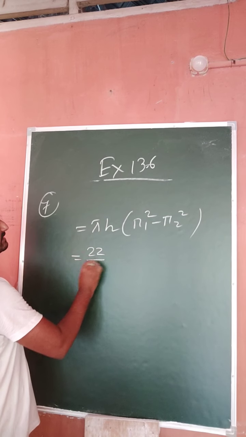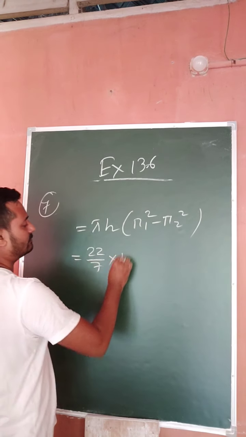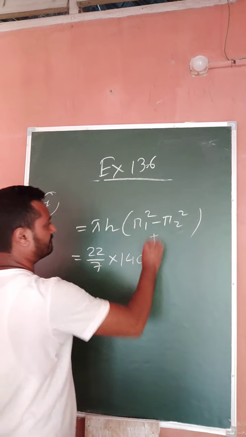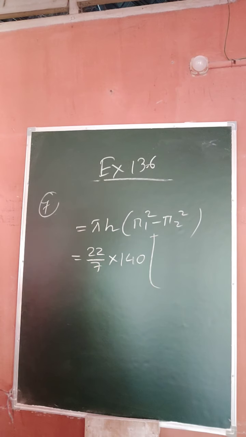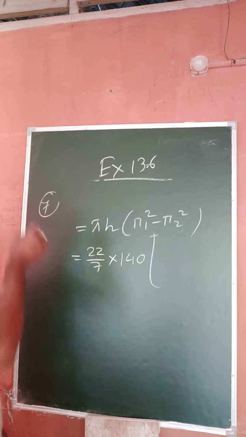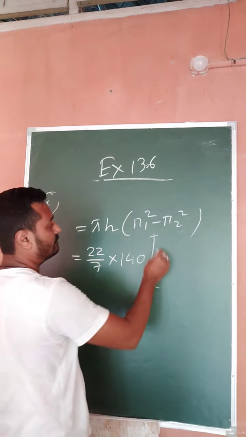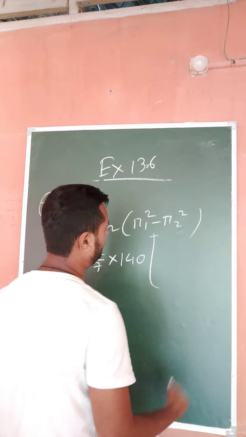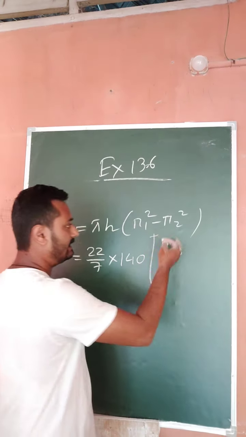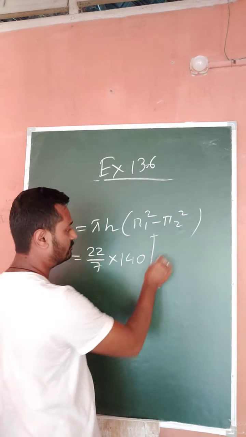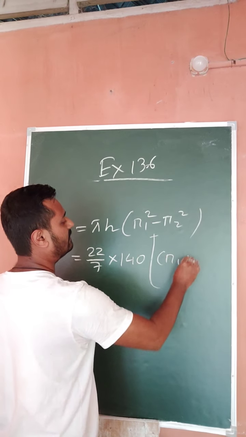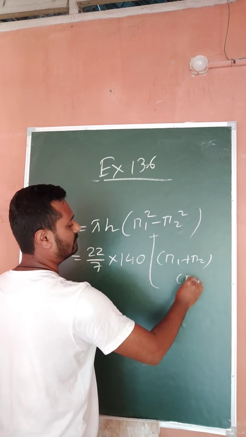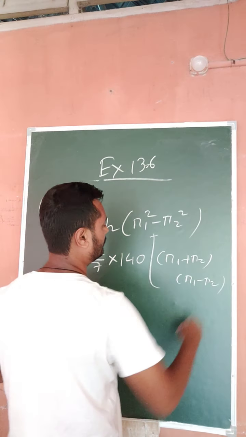So 22 by 7 into H is 140, again R1 square minus R2 square. You can write like this: R1 plus R2 into R1 minus R2. You can solve by this way also, or directly you can solve by squaring the term also.